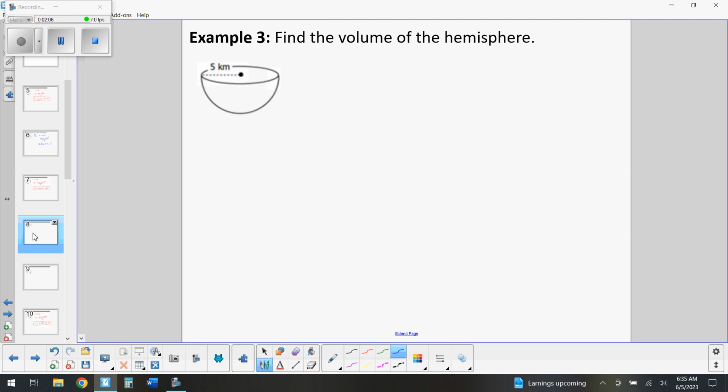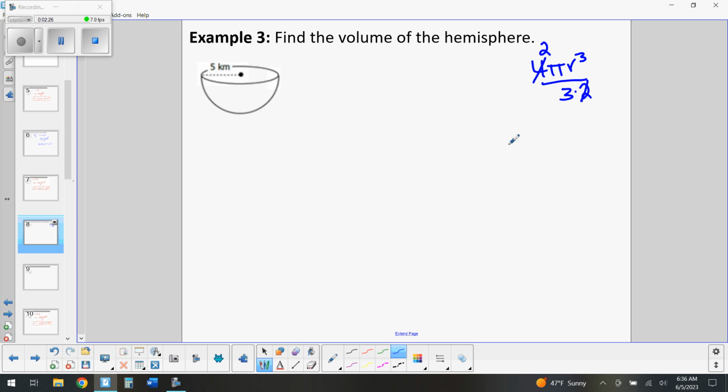Okay, so hemisphere. A hemisphere is half of a sphere. So if I cut the formula for a sphere in half, right, divide it by 2, then I can really turn that into a 2.